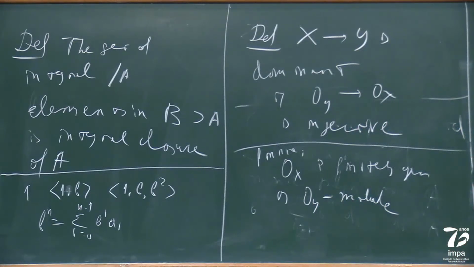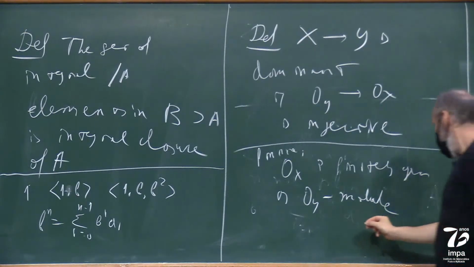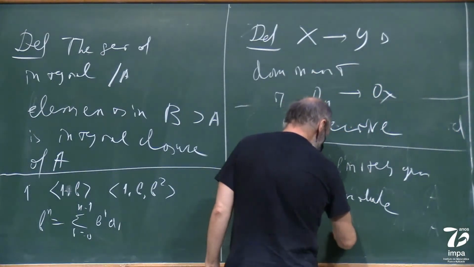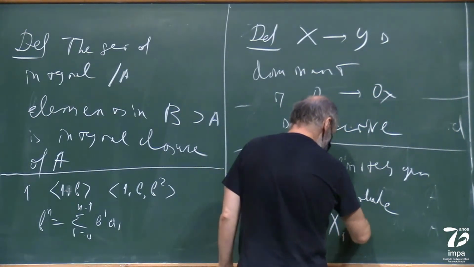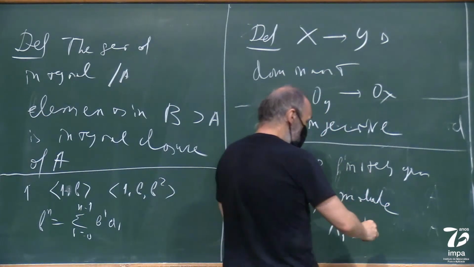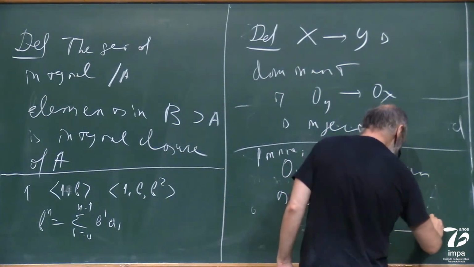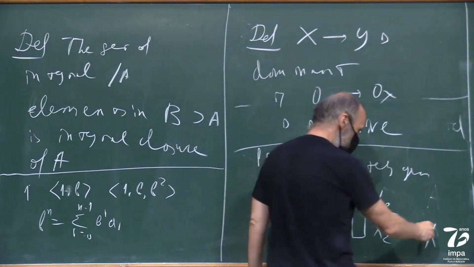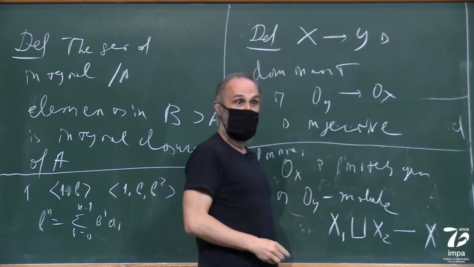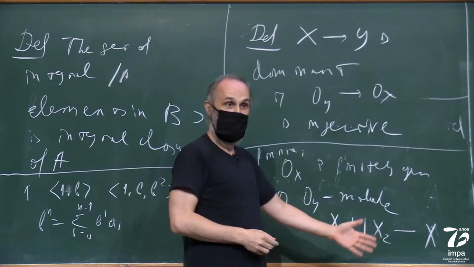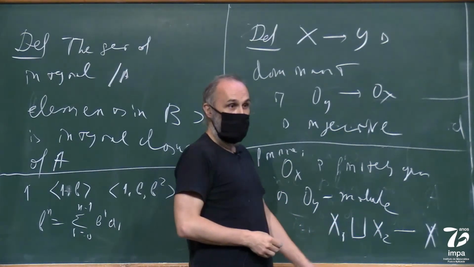And then if you have several components, first you notice that you can just put your components apart. This is a finite map. So if you have two irreducible components, you can take x1 union x2 and map it to x, which would be a finite birational map.